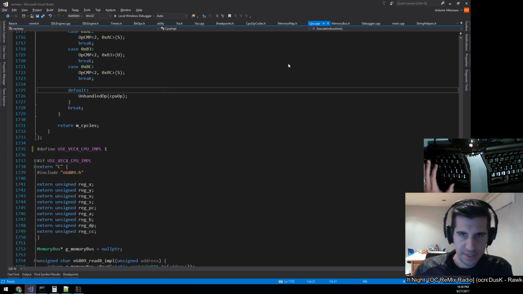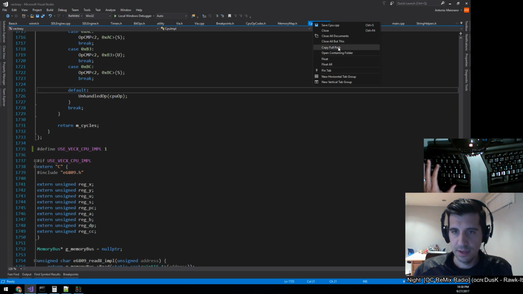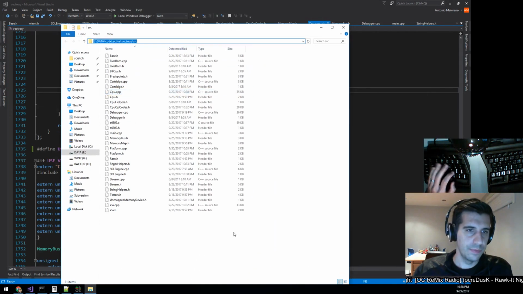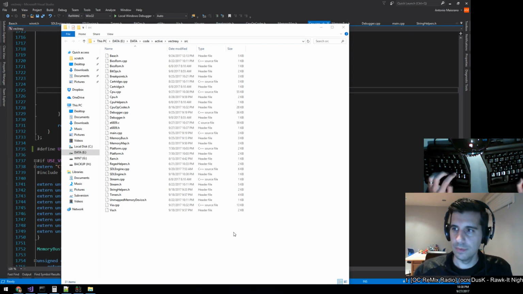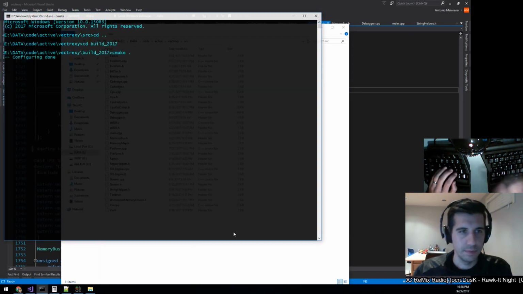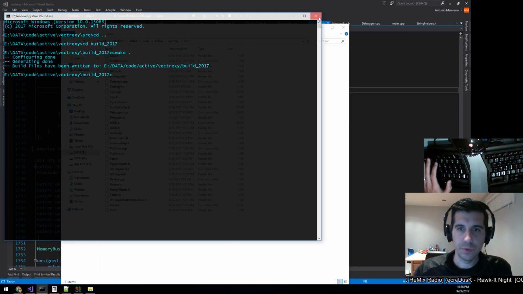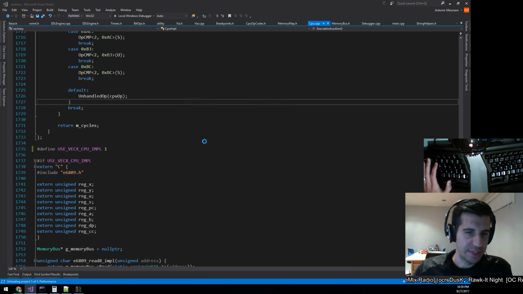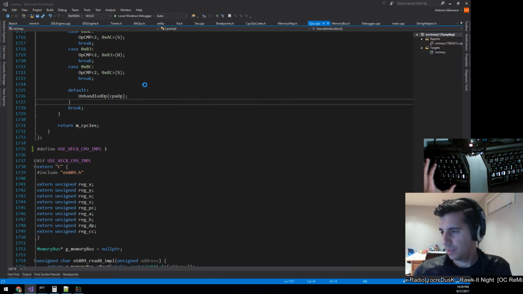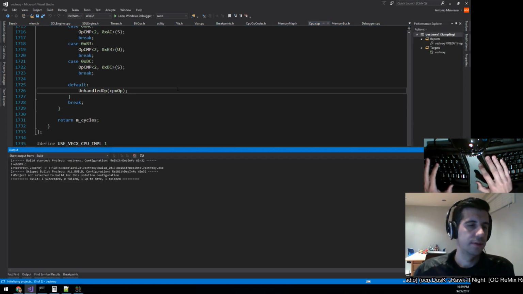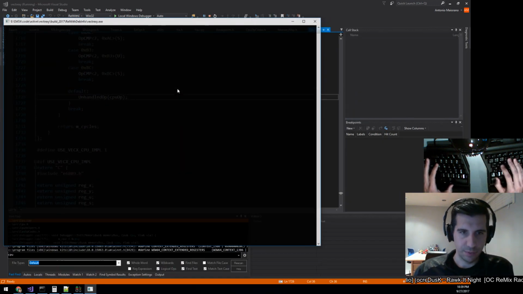Alright, I need to run CMake again because this change adds a couple files. So okay, now it should be running with the other one.